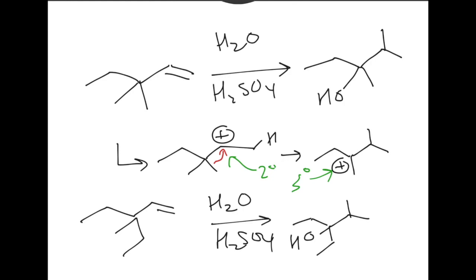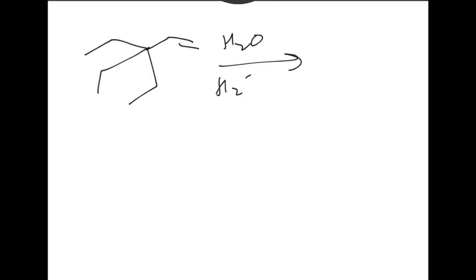If I have no methyl groups, I can't do a shift. So if I have a quaternary carbon that has no methyl groups, you don't have to worry about rearrangements. So if that last methyl group was an ethyl, then there's no possibility of a shift.